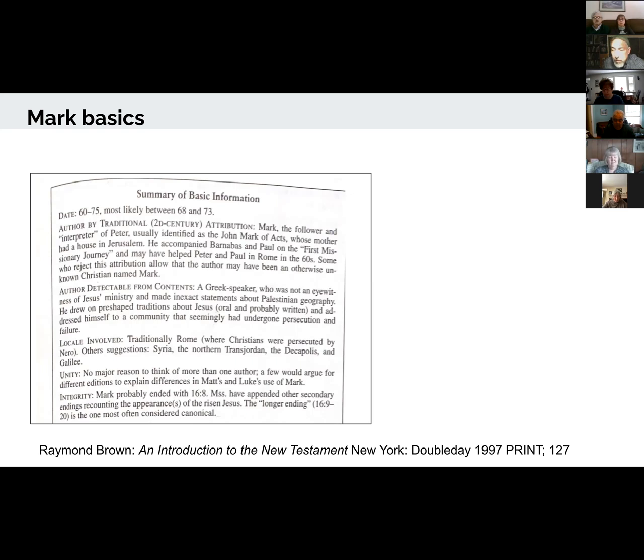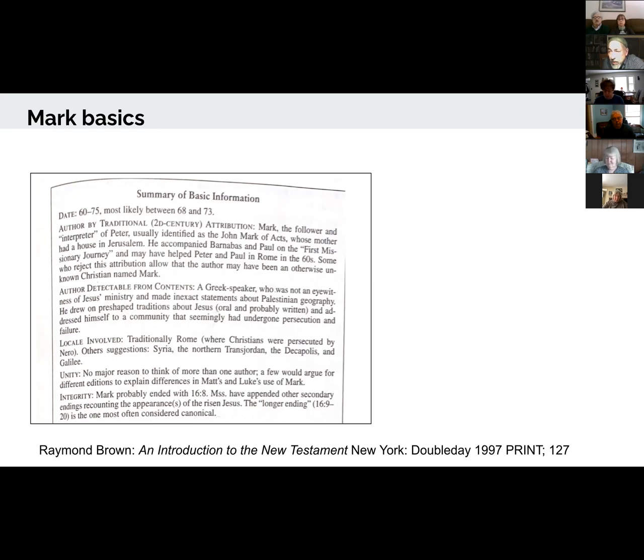Especially if you compare it to Matthew and Luke, Luke really tells a story. That's where we get all the birth narratives from, and all the parables. Luke is filled with parables. Mark has very few parables.